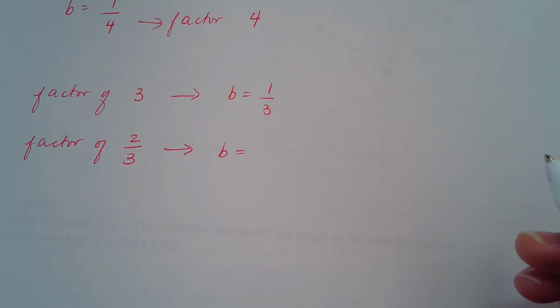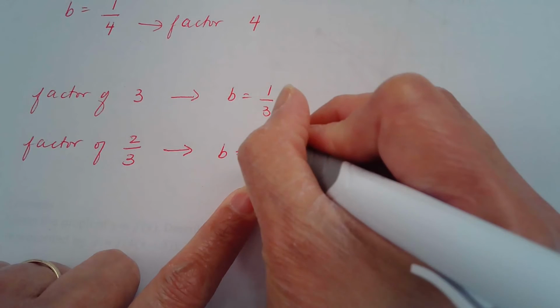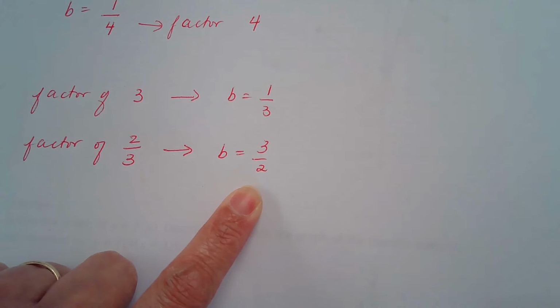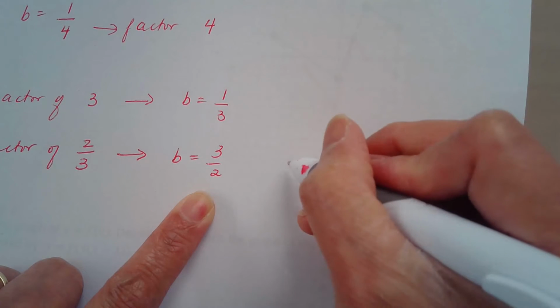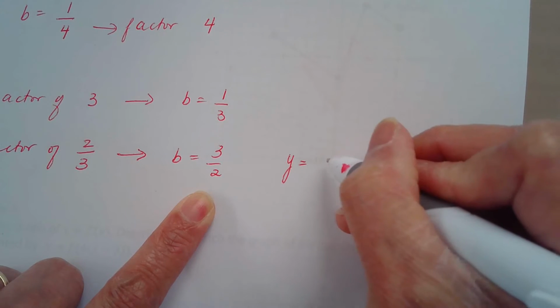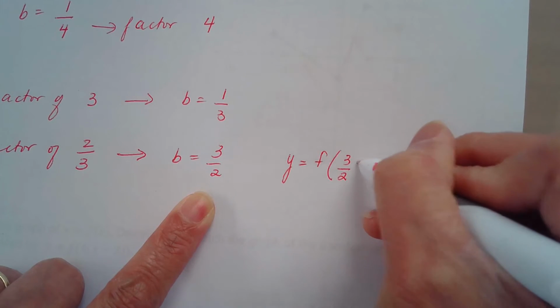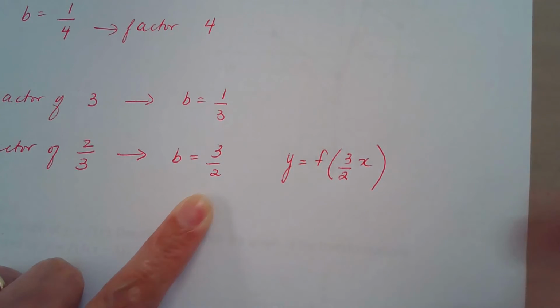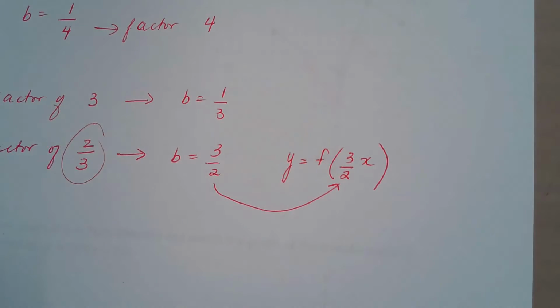The factor is 2/3, so what's the b? 3/2. So on your function, it would look like this: y equals f of 3/2 x. It's the b that's inside, but the factor is the reciprocal.